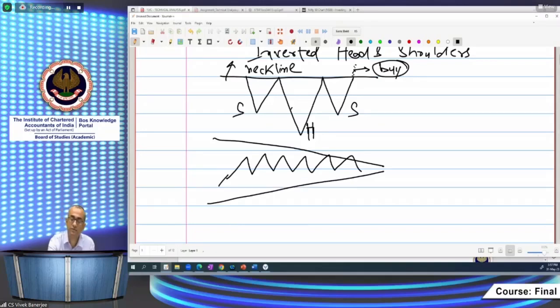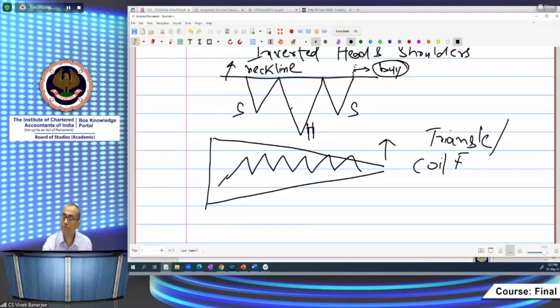So this is a triangle. You see, there is a triangle. So this is basically a triangle or a coil formation. This triangle or coil formation indicates nothing but confusion.